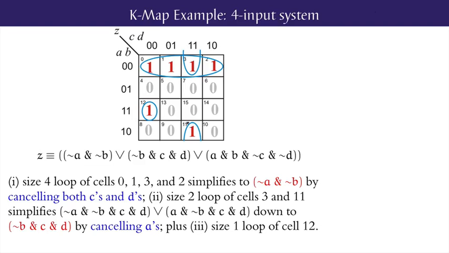Finally, the last lonely cell is the 1 in cell 12. It has no adjacent cells containing 1s, so we cannot loop it together with any other cell. We have to take the last resort of a loop of size 1.